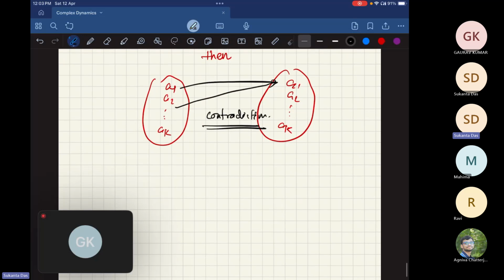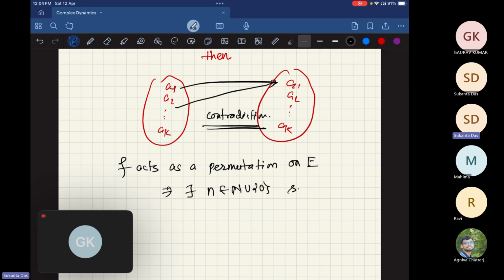That means f acts as a permutation on E, that means there exists some natural number n, such that f^n acts as an identity.